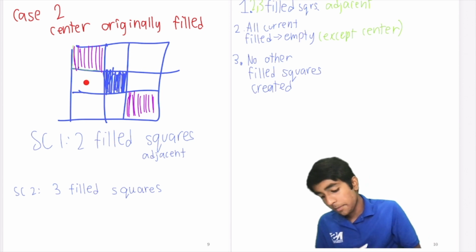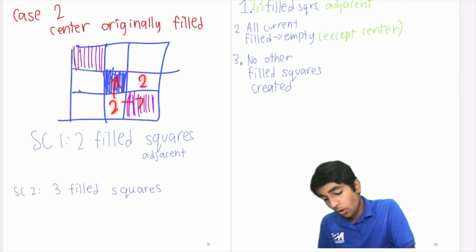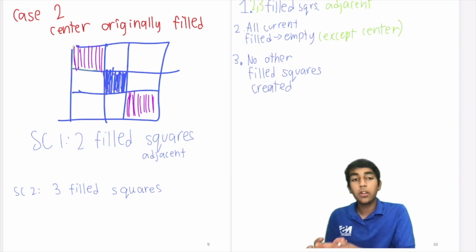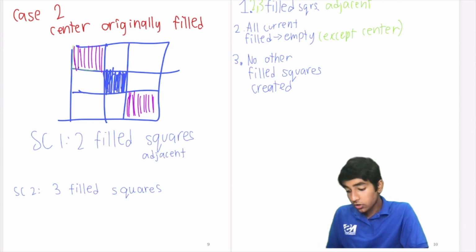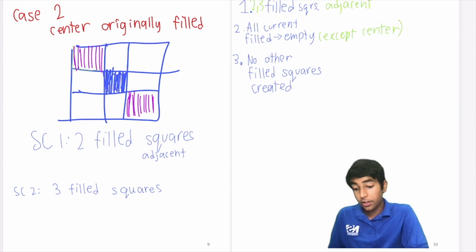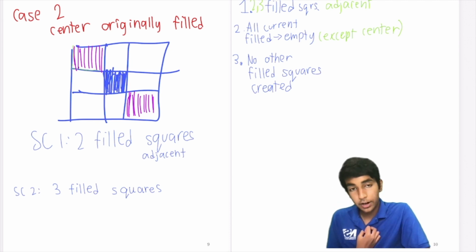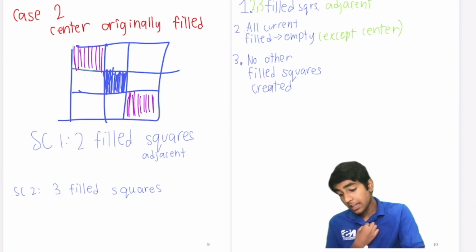And if you check all of them, this one is only adjacent to 1, this one is adjacent to 2, this one 2, this one 1, this one 2. None of the empty squares are adjacent to more than 2 filled squares, so they're going to remain empty. No other filled squares created. Check. So this case works.